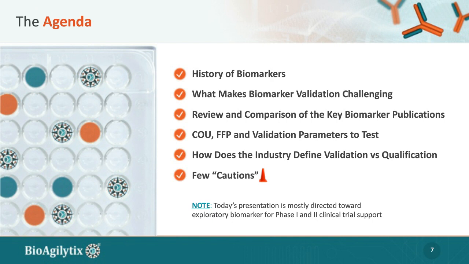And of course, the main topic for this presentation is how do we define qualification and validation? We will review a few cautions and some real-life examples of what we have experienced and share those with you.